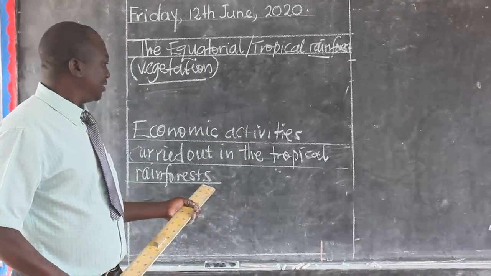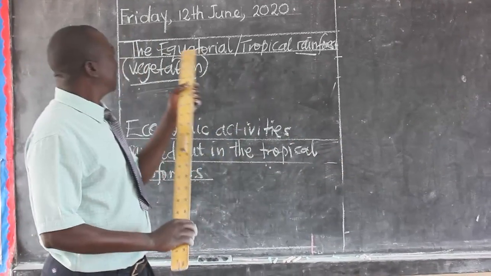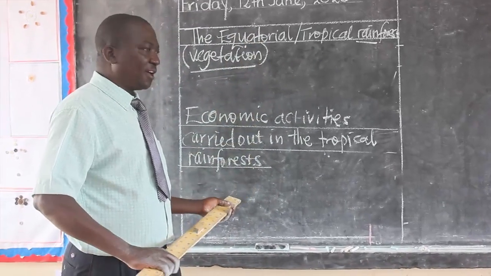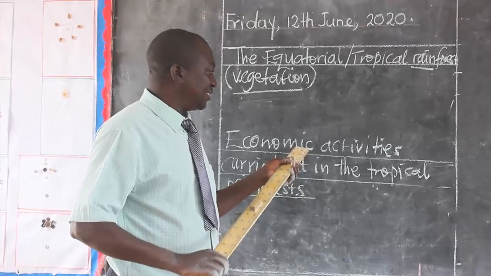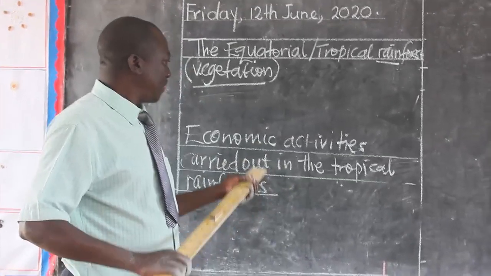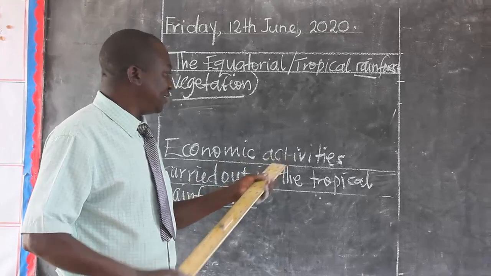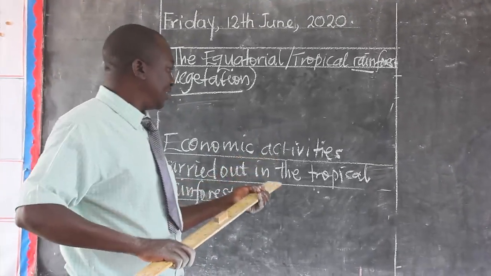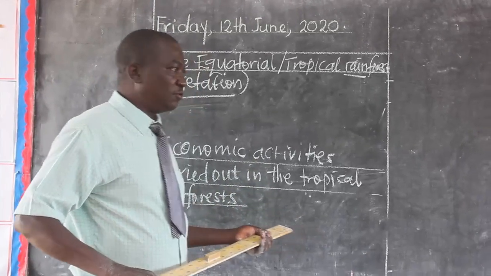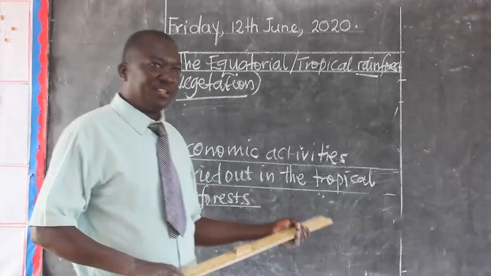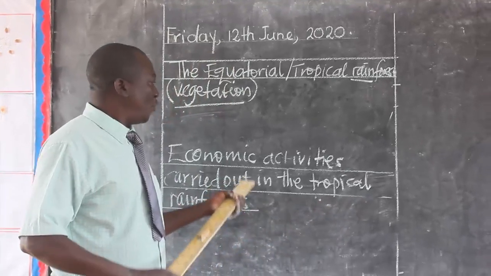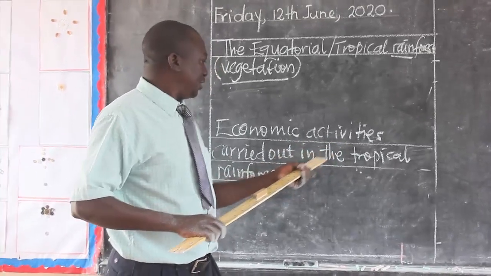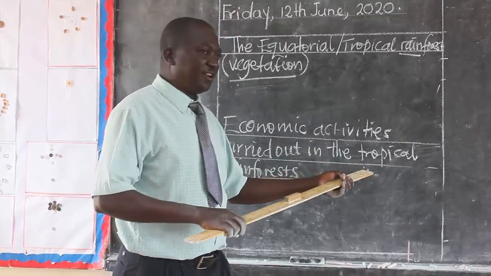So, looking at the nature of this zone of vegetation, there are economic activities being carried out. Remember, economic activities, we said, are the type of work that man carries out in order to meet his needs. So what is man carrying out in this tropical rainforest?